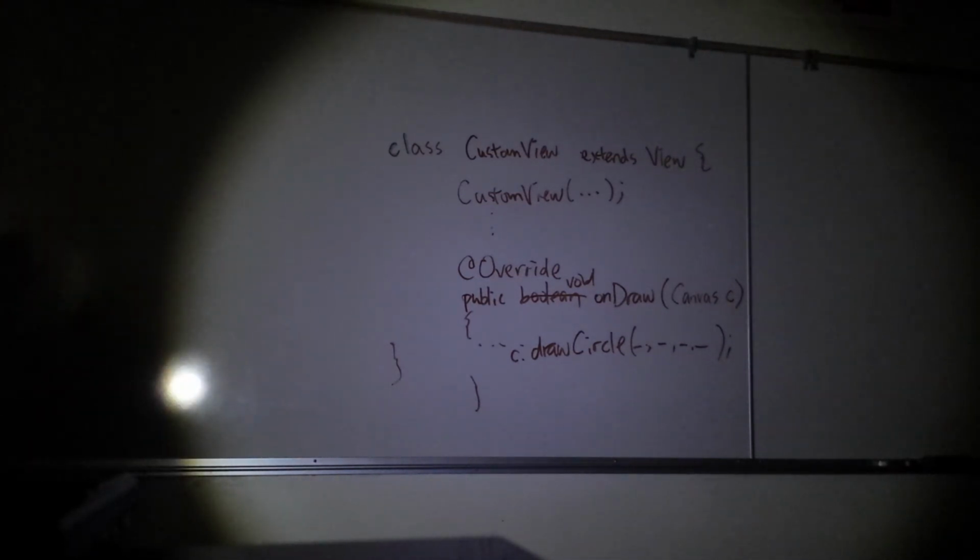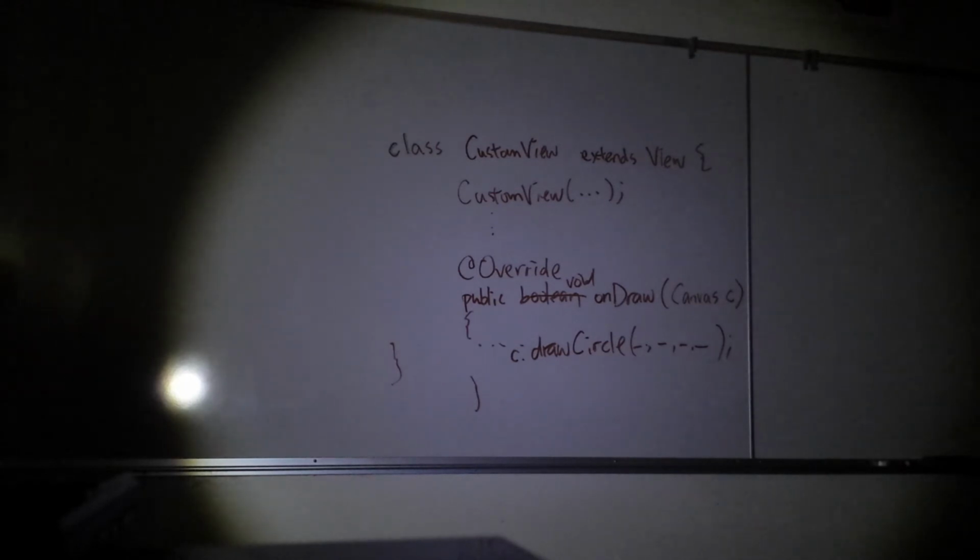Okay. Are there any questions at this point about how to use a custom view? Yep. So when this is invoked, whatever you specify in the override is going to happen. Correct, but you do not call onDraw yourself. The Android framework itself calls it.